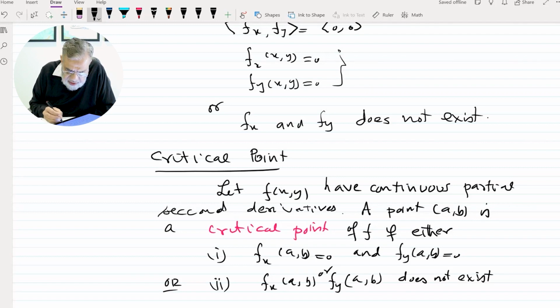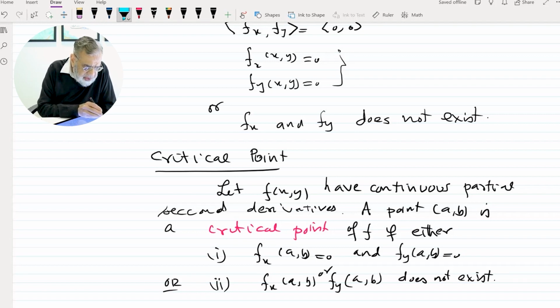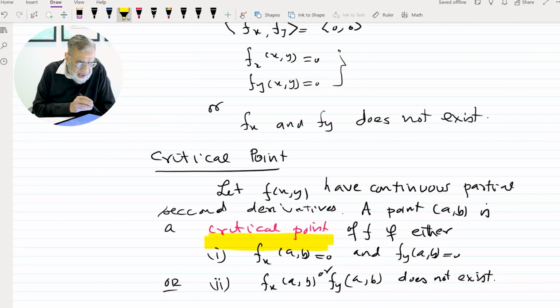So these points we say are critical points, and at these points we will discuss the maxima and minima, as we discussed at the critical numbers.